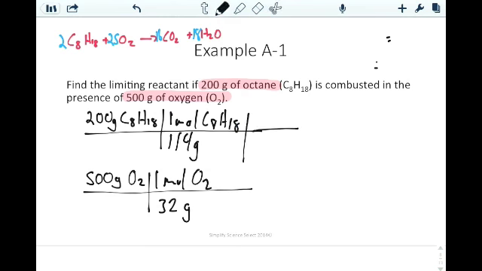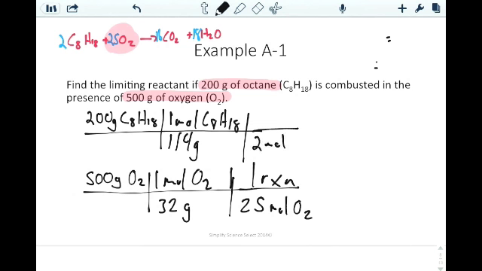So in the reaction we have 25 moles of O2, and we only have 2 moles of C8H18 in one reaction.